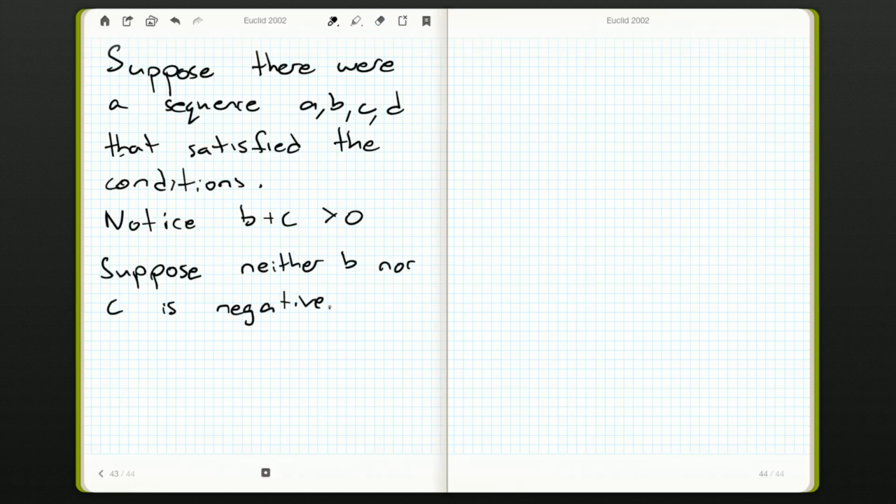Okay? So they could be 0 or they could be positive, but neither one is negative. We're going to show that this leads to a contradiction. So we're breaking it up into cases. First, we're going to say neither one of them is negative and show that that doesn't work.